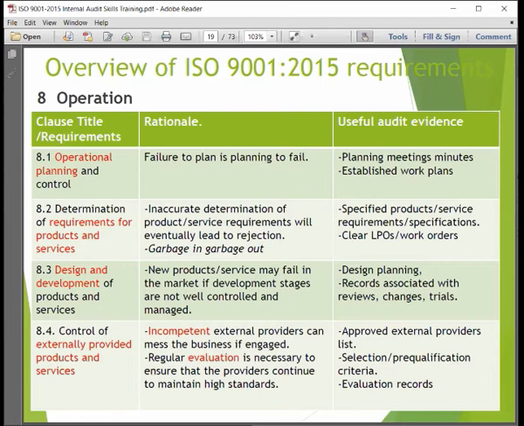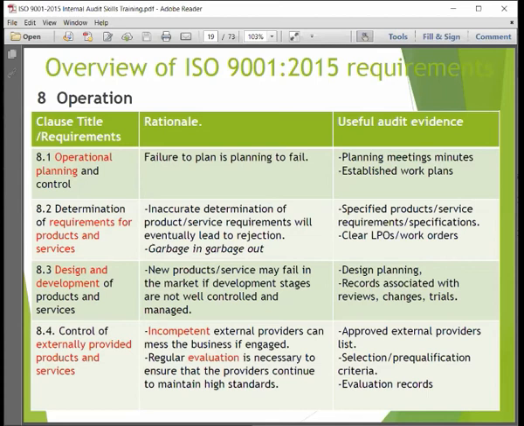So planning and control is a requirement, because failure to plan is planning to fail. We usually say that. Useful audit evidence, like planning meetings for this order or for these requests. How was it planned? Maybe there were planning meetings on how to do it, established work plans on how to accomplish the project or the work ahead of you.